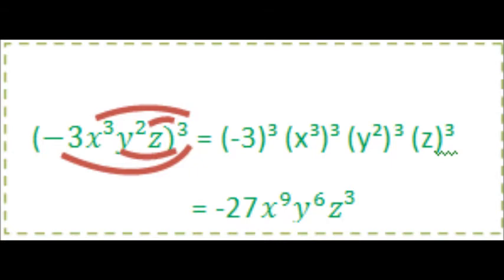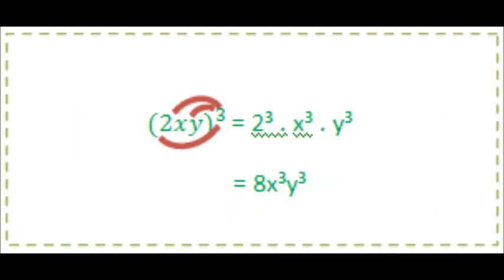Raise each factor to its third power. Negative 3, x cubed, y squared, and z are all raised to 3 to have a result of negative 3 cubed x to the 9th power y to the 6th power z cubed, or negative 27 x to the 9th power y to the 6th power and z to the 3rd power.